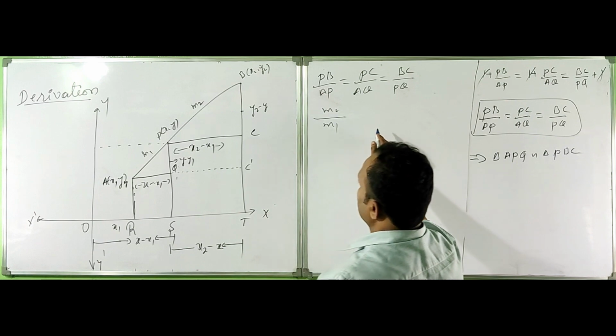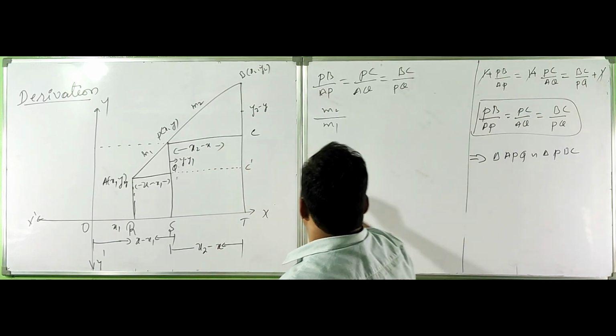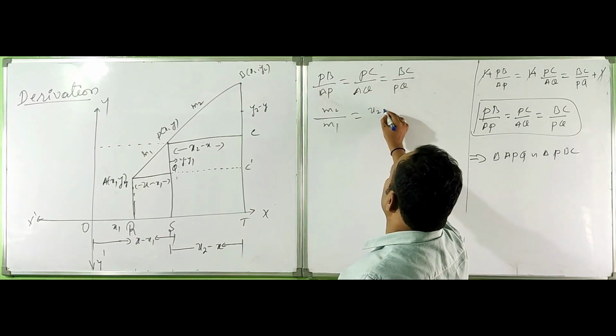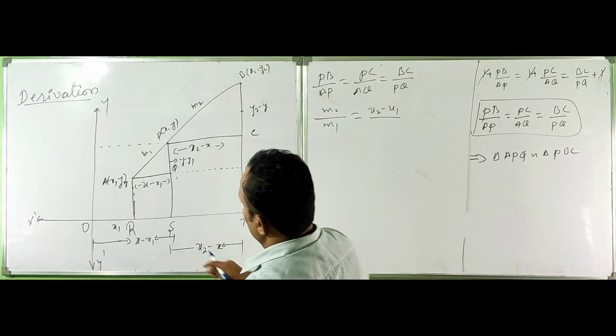What is PC here? PC is X2 minus X, divided by what is AQ here? X minus X1.